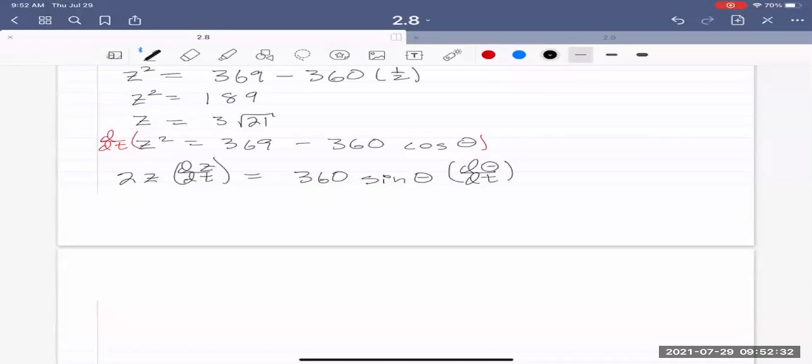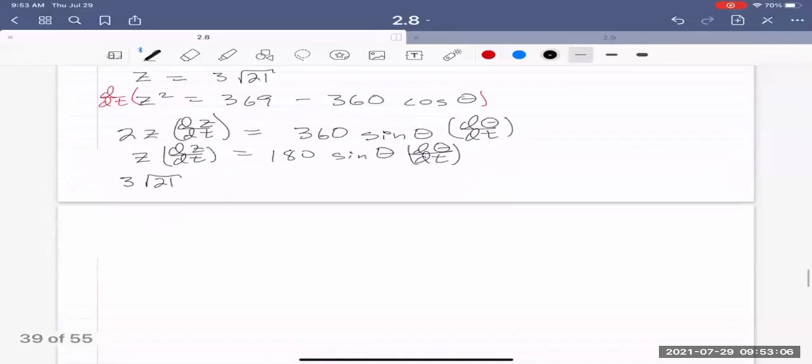Okay, so divide by 2. Plug in z, and so I get 3 rad 21 dz dt. Well, I guess that's what we're trying to figure out, dz dt.